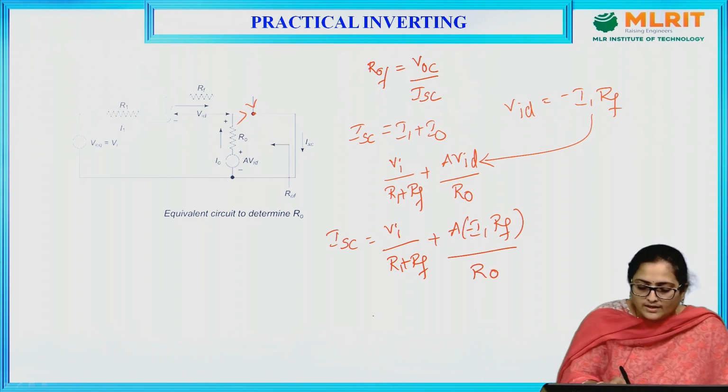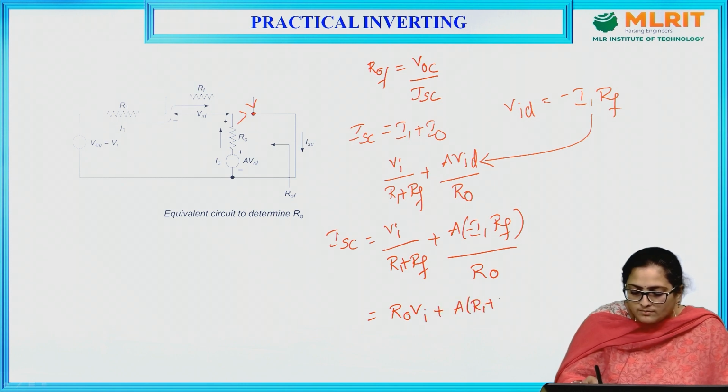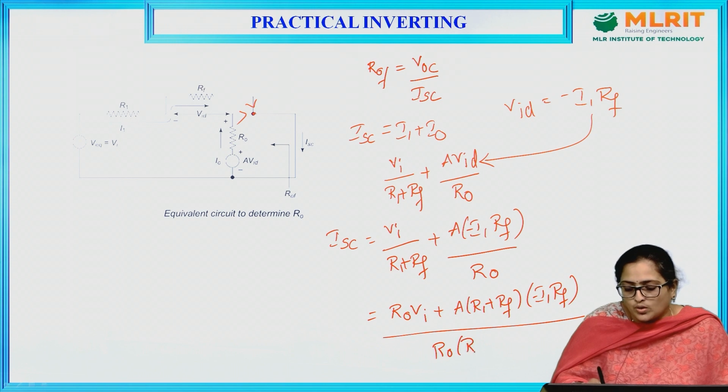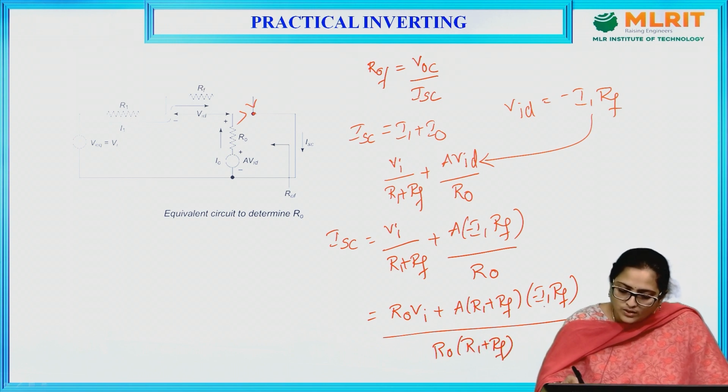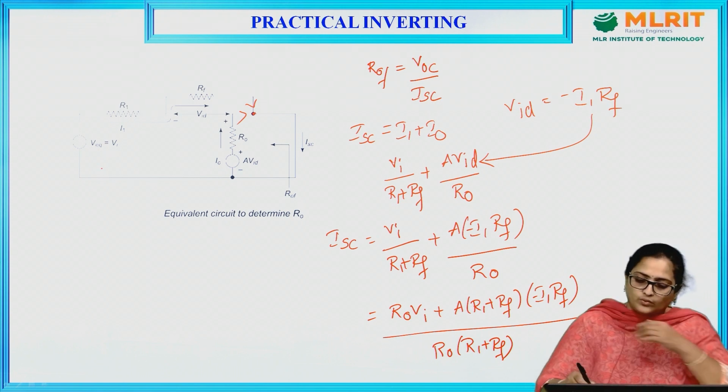If you take the LCM here, you can write R0 into VI plus A into R1 plus RF into minus I1 into RF, divided by R0 into R1 plus RF. Here I1 into R1 plus RF can be given as VI.